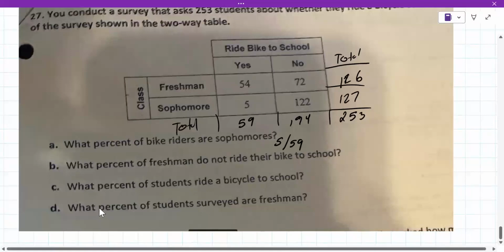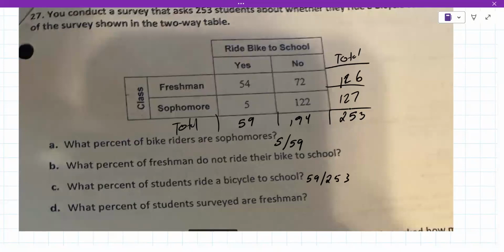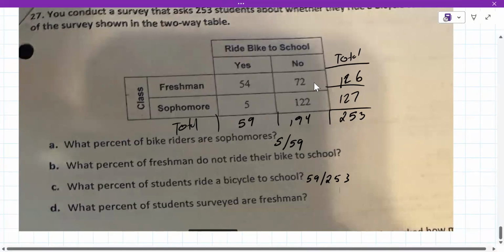Now, the percent of students that ride a bicycle to school, down here in C, I know we're skipping B, that is 59 ride a bike out of 253. Yes. That's 26%. And then what percent of freshmen do not ride their bike to school? So now you're looking at just freshmen.